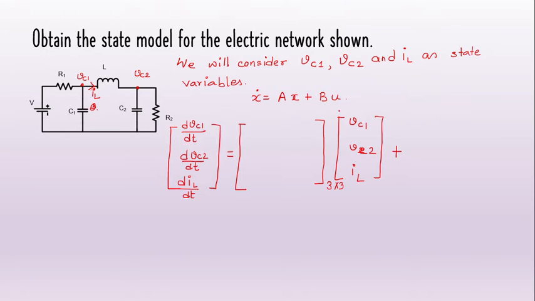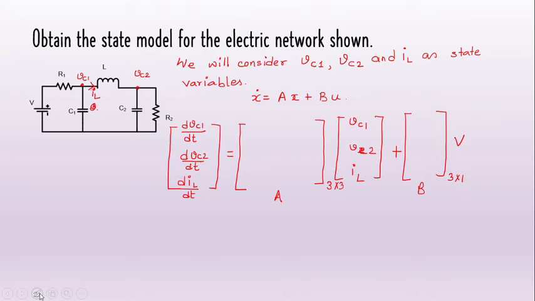I should have a B matrix. It will have 3 rows and 1 column, so it will be a 3 cross 1 matrix, and my input will be V. Now I have to find the value of the A matrix and the B matrix. For that reason, I am going to write the expressions related to the circuit.